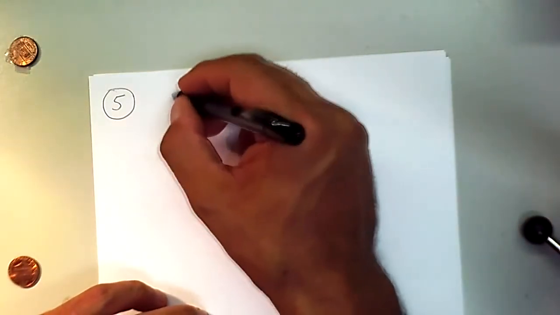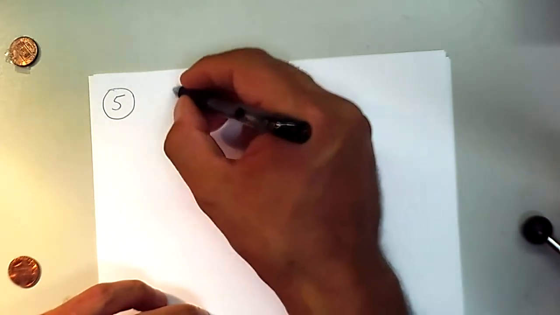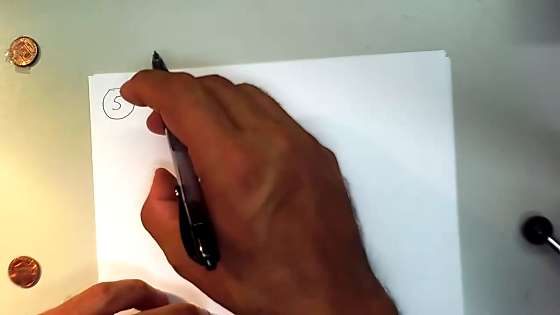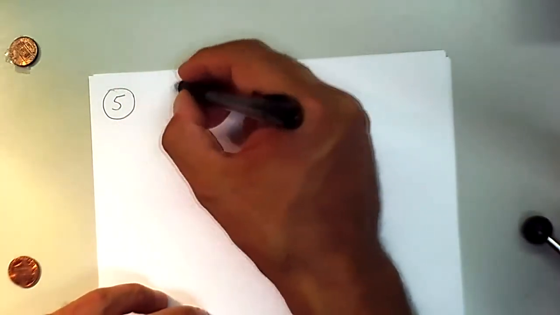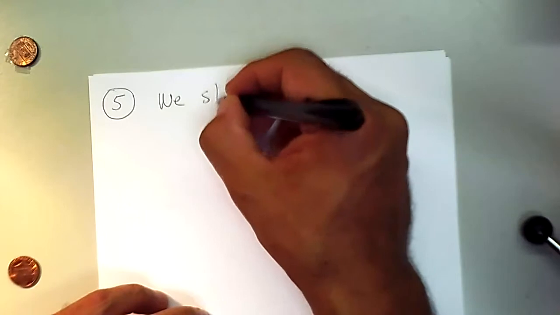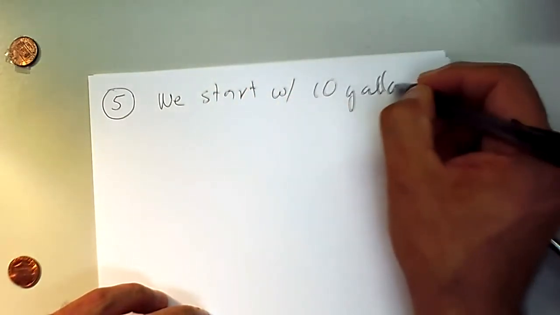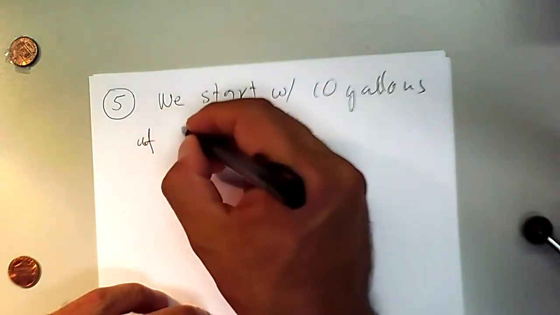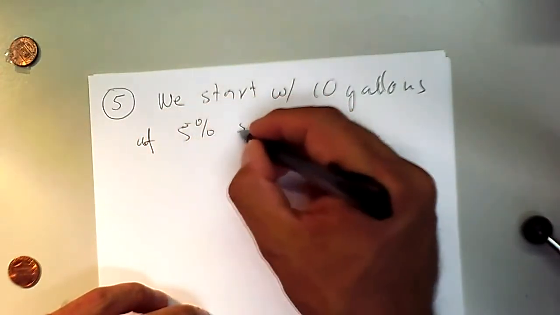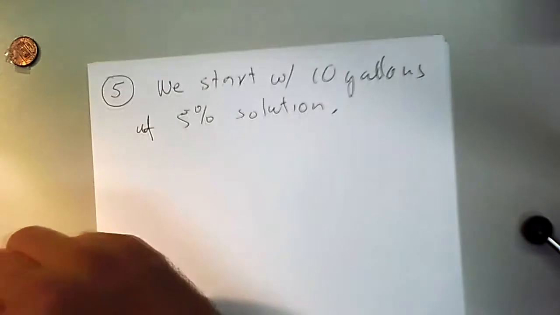So let's say you want to replace, okay, so we started with 10 gallons. Now we start with 10 gallons of 5% solution. So that is the concentration of the chemical, 5%.